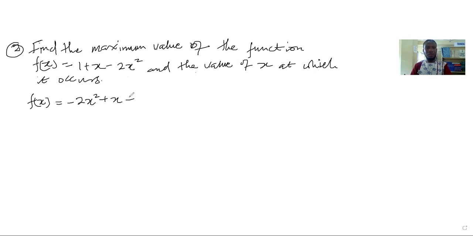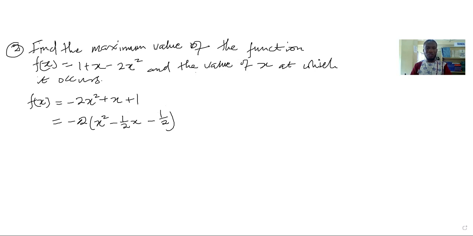plus x plus 1. We factor our a out, which will be negative 2 out. We have x squared minus 1 over 2x minus 1 over 2. Remember that the signs inside have changed because of the negative 2 outside here.